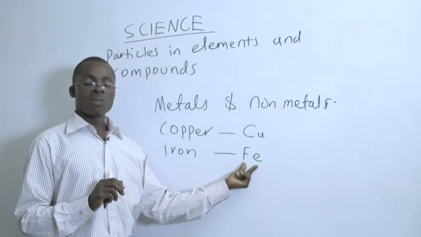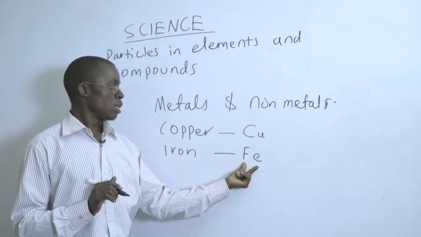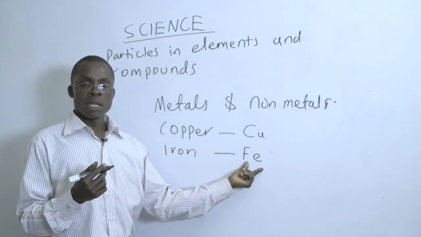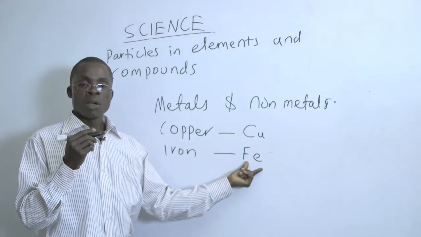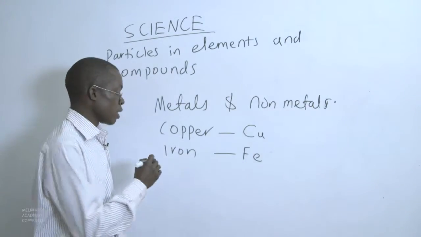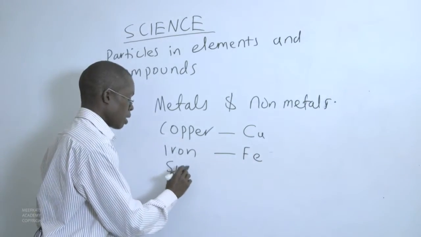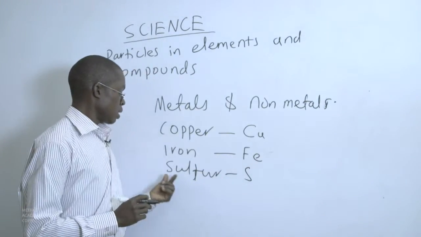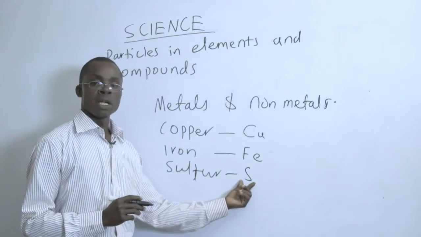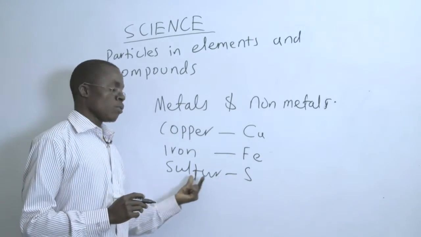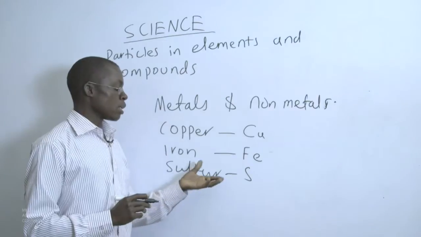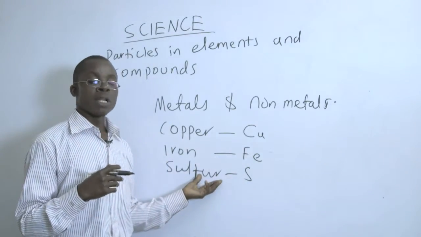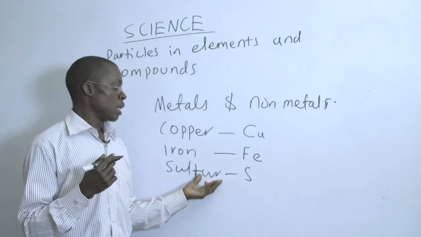The symbols of the element or the compound must not always take the letters from the name, like in the case of sulfur. If you look at sulfur, the symbol is S. So it is not always the case. It has to go with the original name that was used when identifying the letters.